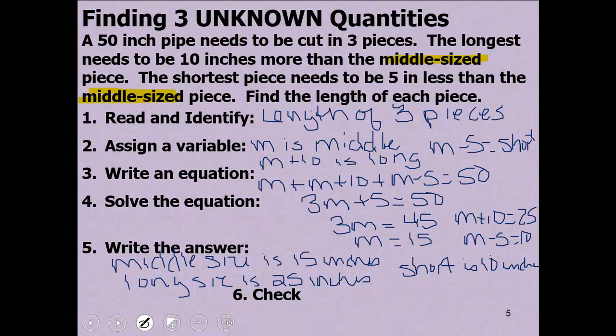If I want to check it, I need to take 15 plus 25 plus 10, and it had better equal 50 when it's all said and done. 25 plus 25 is 50. 50 equals 50. I'm adding these 3 numbers together and getting 50, and it checks.